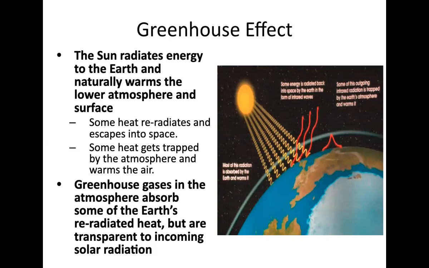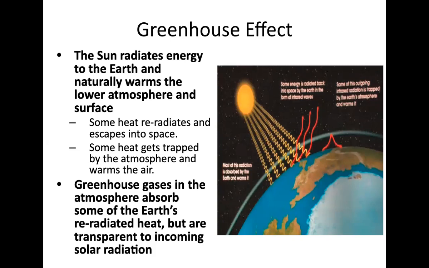All right, getting back into the greenhouse effect. The sun radiates energy to the earth, and it naturally warms the lower atmosphere and surface. The greenhouse effect works very similar to a greenhouse. The sun's rays come into the greenhouse, they get trapped, and they start bouncing around, and the greenhouse gets warm.